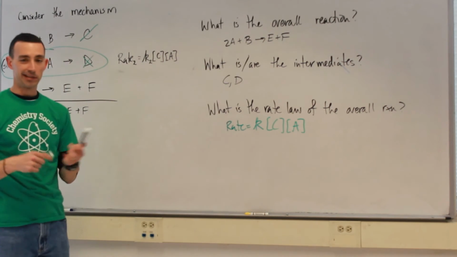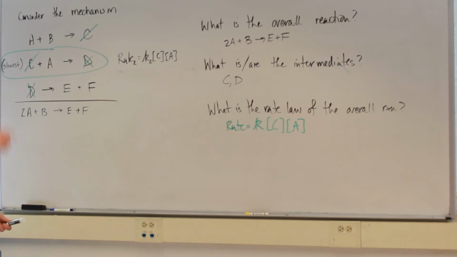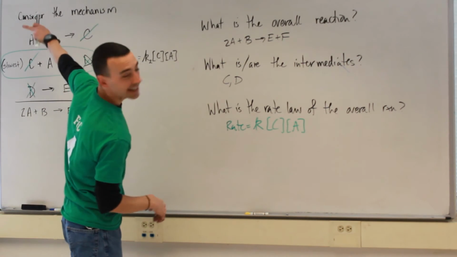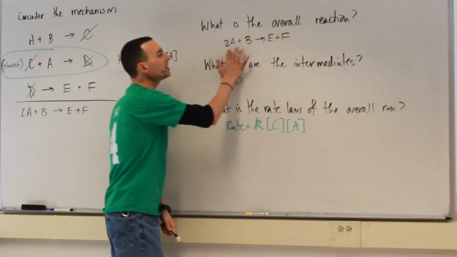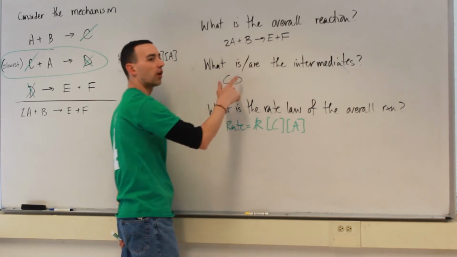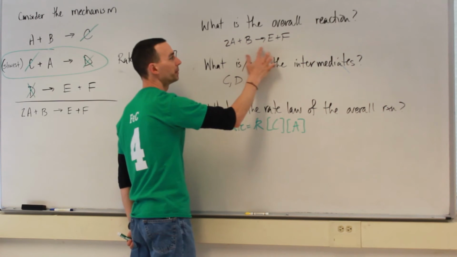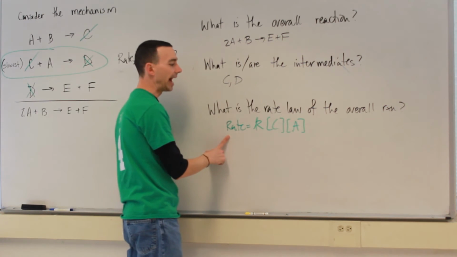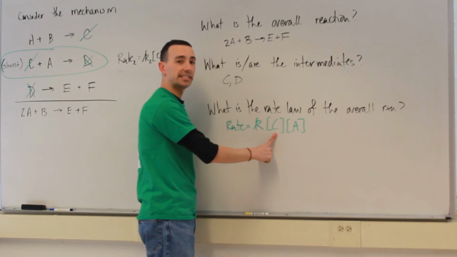At first glance, it doesn't seem to be a problem. But there's a big problem with that. Ignore the mechanism for a second: how can the rate of this reaction involving chemicals A, B, E, and F depend on the amount of C that you have present?